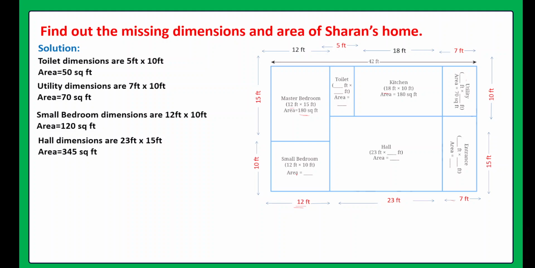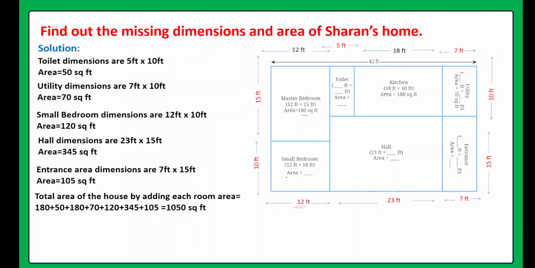Hall dimensions are 23 by 15. Area is equal to 345 square feet. Entrance dimensions are 7 feet by 15 feet. The area is equal to L into B. So 7 into 15 is 105 square feet.